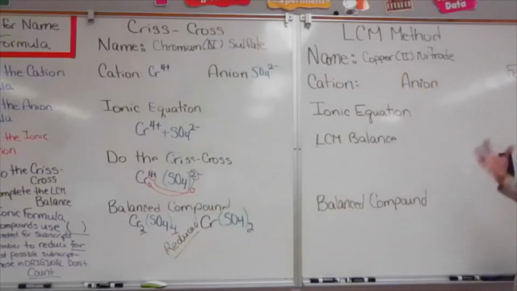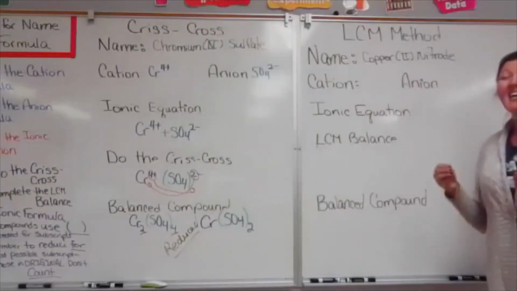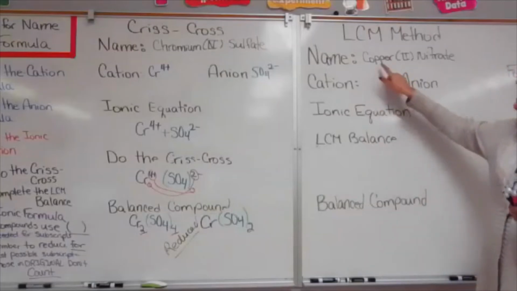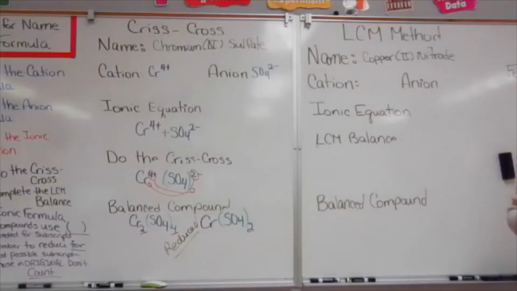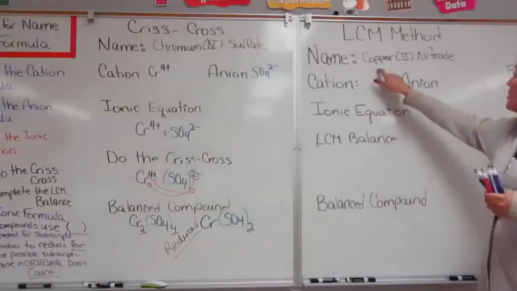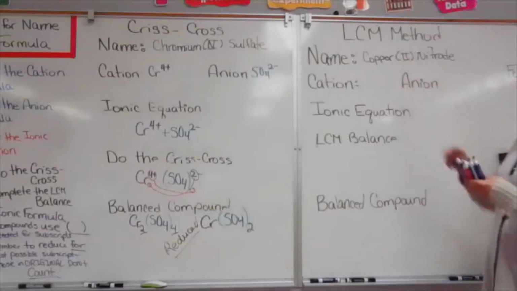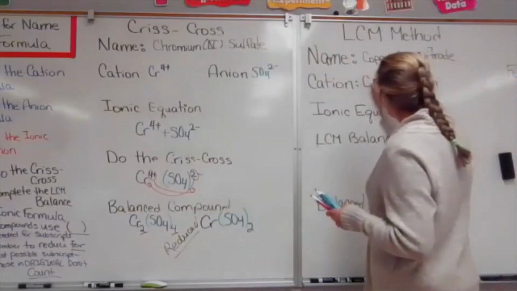But if I didn't understand it that way, we could look up copper on the periodic table and realize it's in the transition metals, and metals are always cations. And because it's a transition metal, it may have multiple oxidation states, meaning it may have more than one charge. So you have to be given the charge in Roman numerals. That's the II right here. So our cation can be written as Cu2+.